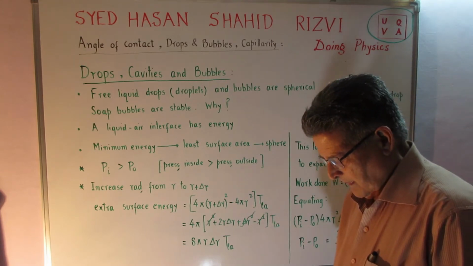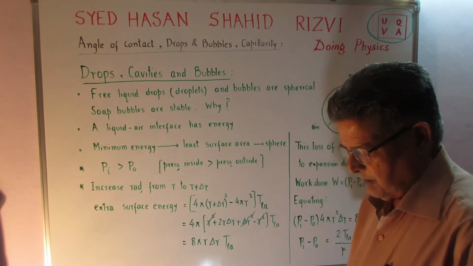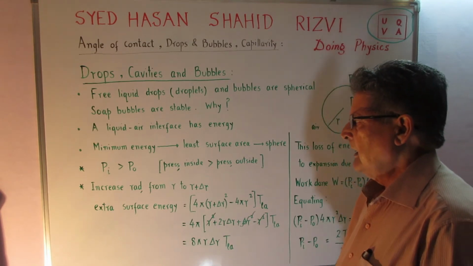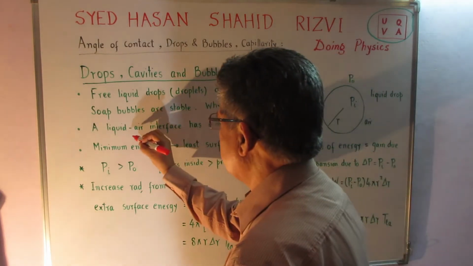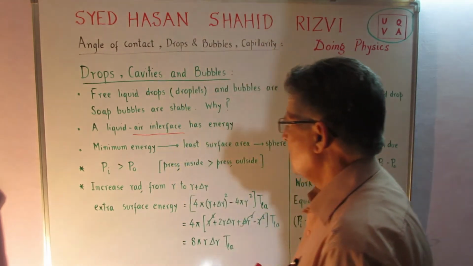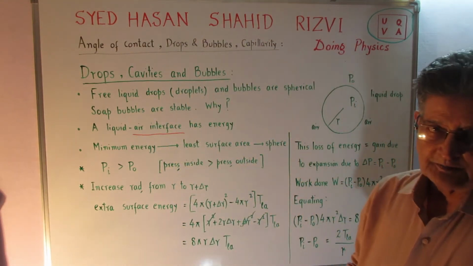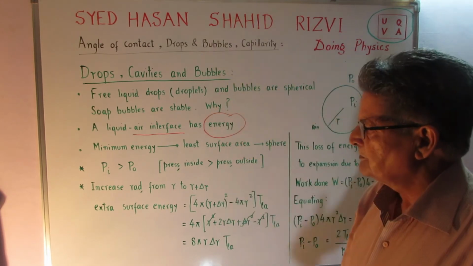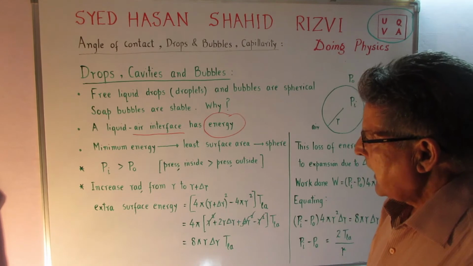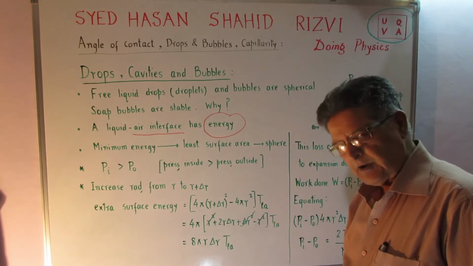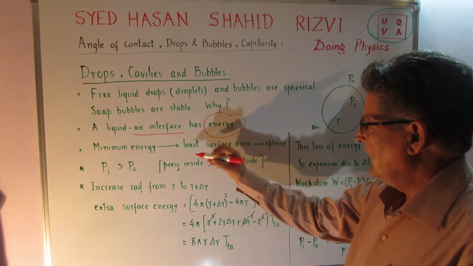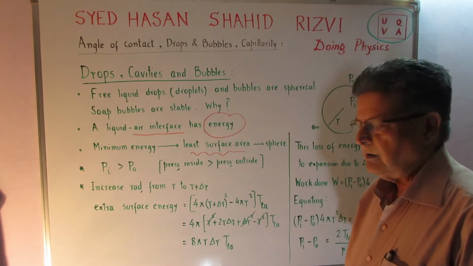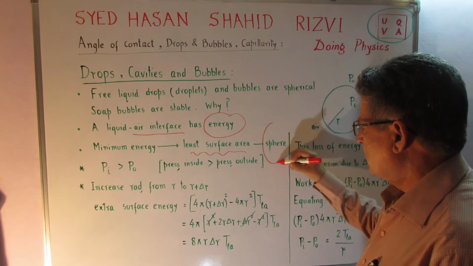Now, any interface between a liquid and a gas, a liquid air interface in this case, has energy. And the minimum energy for a given volume requires least surface area, which is obtained in the shape of a sphere.